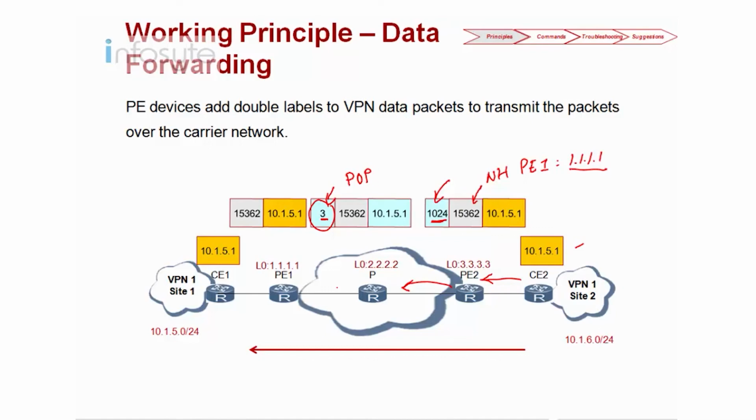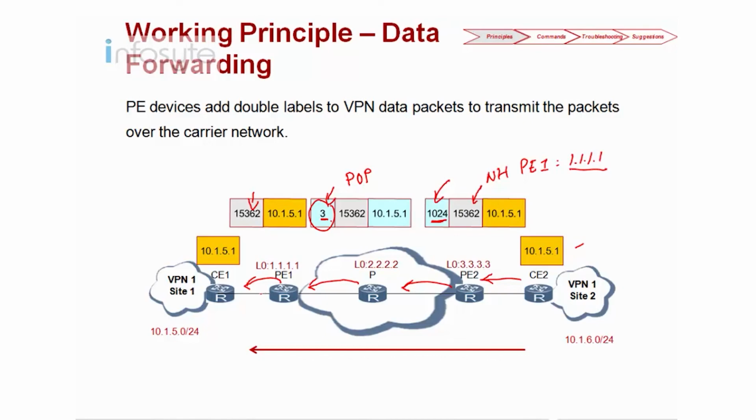After the label pop, I send to PE1. So PE1 will not receive the outer label. They will only know the 15362. When I know that it's 15362, I know this 15362 comes from CE1. I will send it back to CE1. So this is how the label switching works within the MPLS VPN.